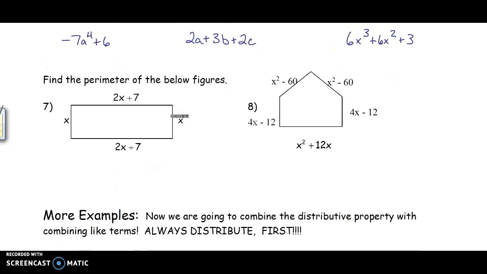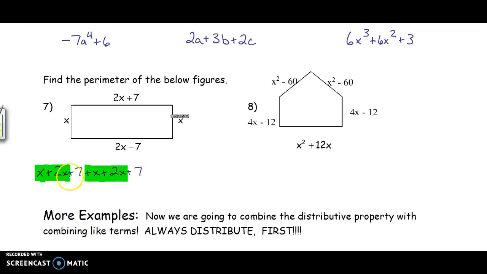Let's take a look. Find the perimeter of the below figures. Right now all the expressions are kind of everywhere. So what I'm going to do here is write them all in a row. Now this gets a little tedious, I know, I'm sorry, but it's going to be the easiest way to find all of our like terms. Let's find all the like terms of x. You have x, positive 2x, positive x, and positive 2x.